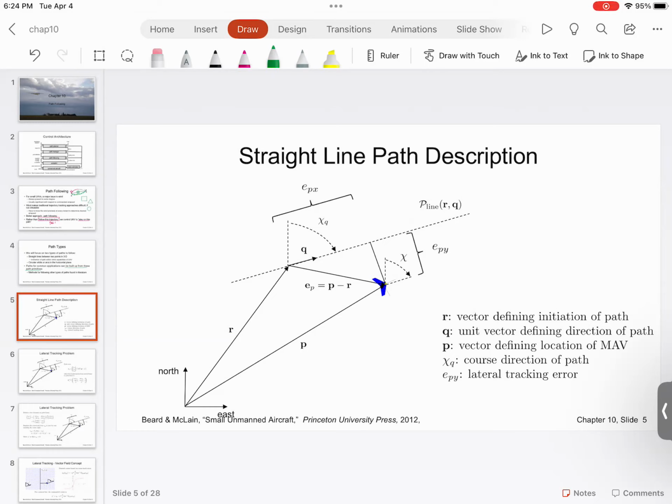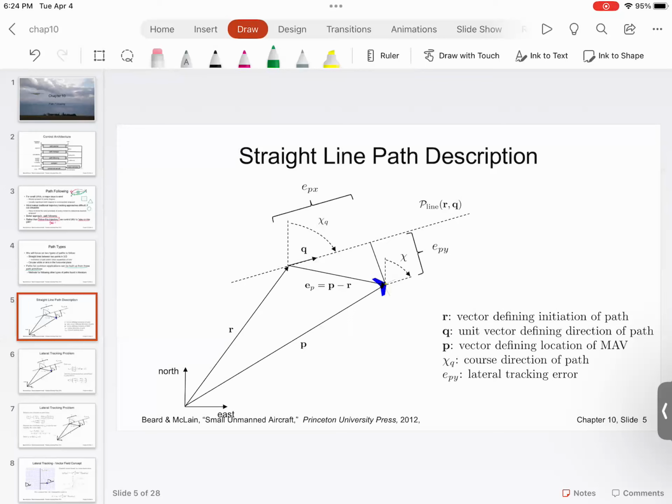I don't want you to be scared. You are going to see some math, some vector algebra. At the end of the day, all said and done, you are going to have a PID loop, and that PID loop will take care of all the math that will be discussed in 4 or 5 slides.